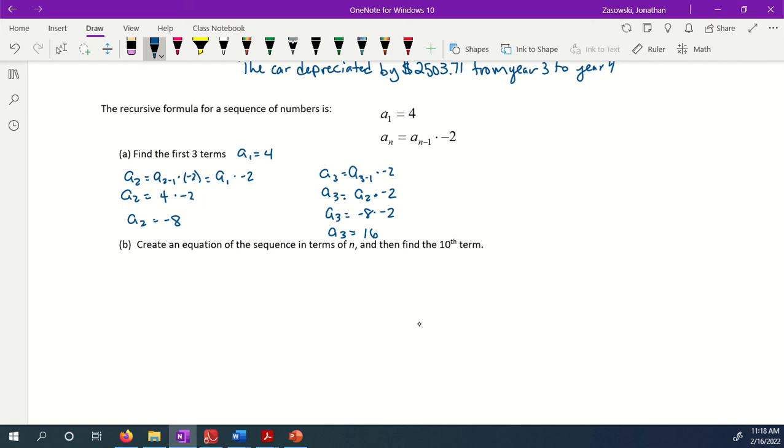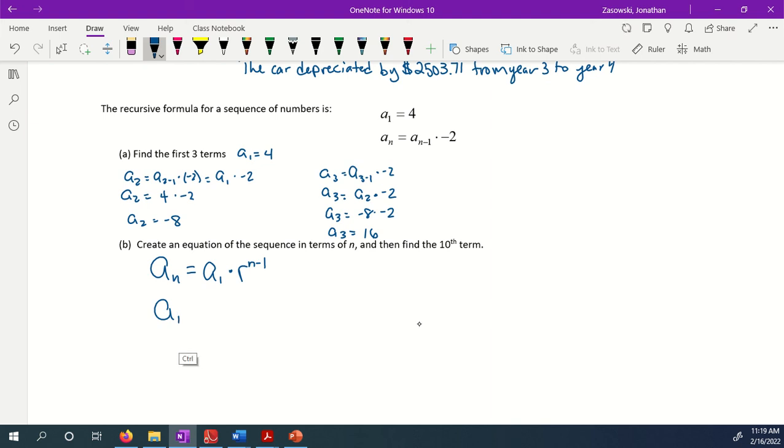Okay, create an equation in the sequence of terms n and find the 10th term. So remember, this is a geometric sequence. So an equals a1 times r to the n minus 1.